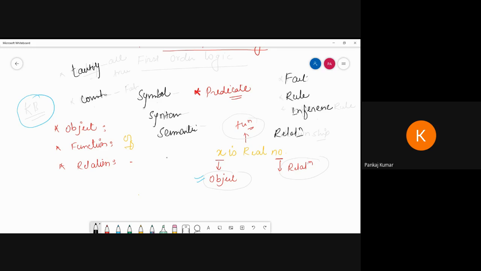Okay, so these are the things. The point is that we can study about first order logic.